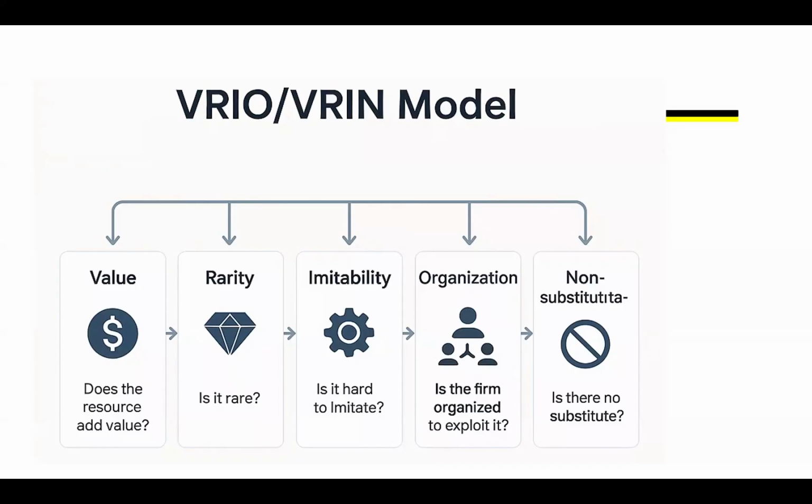The next one is I, that is imitability. Is it hard to imitate or easy to imitate? The product that you have, the brand that you have, or the service that you do: is it imitable? If it is imitable, there is no advantage.